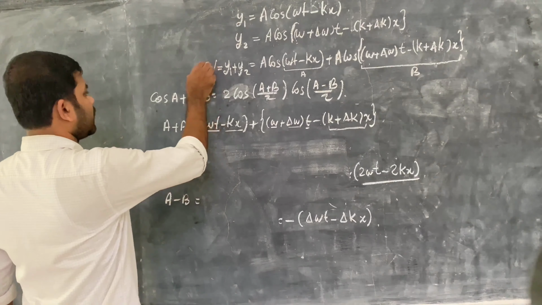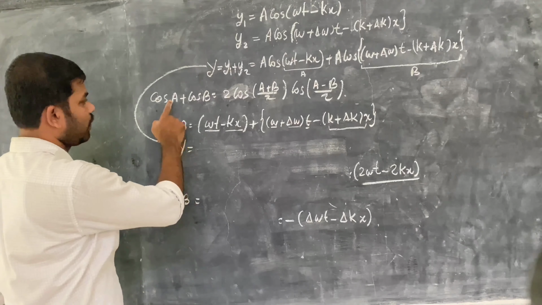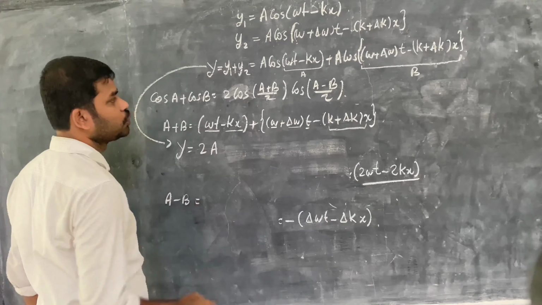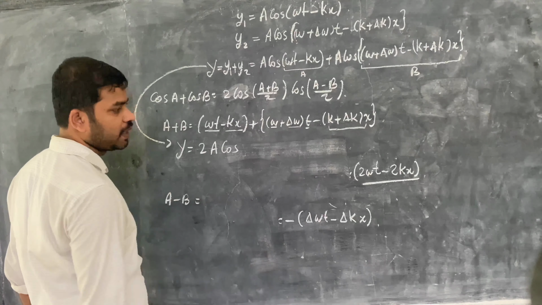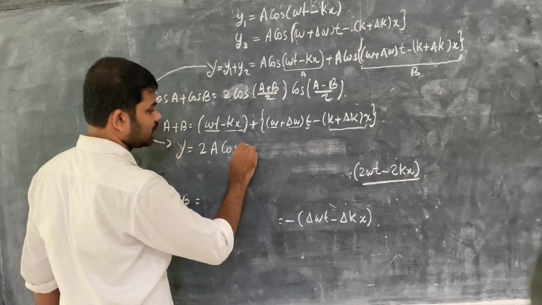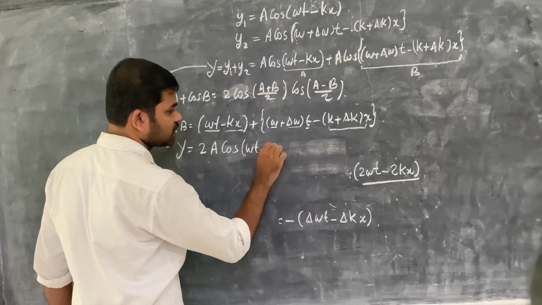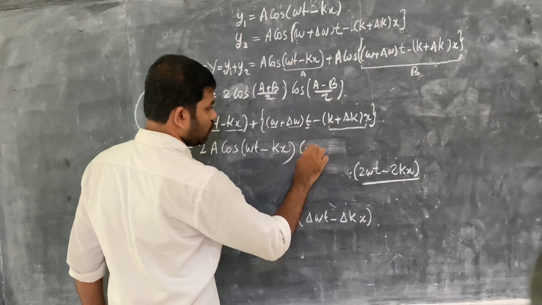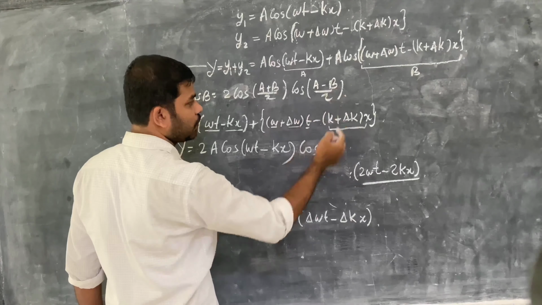So the resultant y is equal to 2a, since the amplitude is constant for both, into cos((A + B)/2). The 2 gets cancelled, so the remaining is (ωt − kx), into cos of half into (A − B).